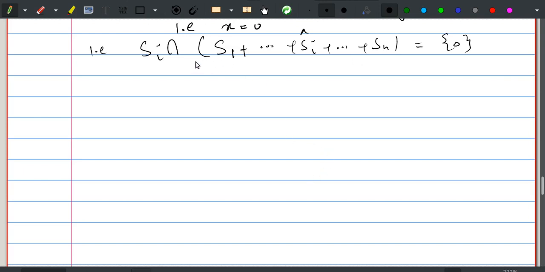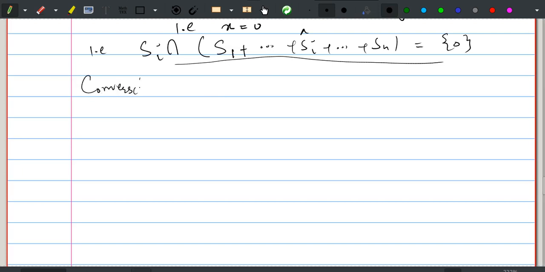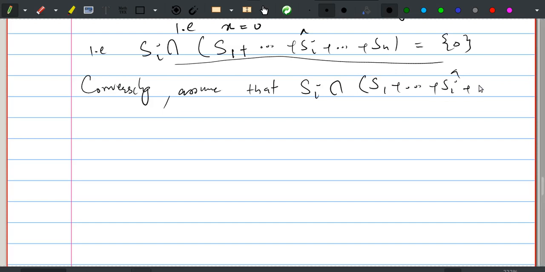Conversely, we will assume that this thing holds and prove that each element in G can be uniquely expressed as a sum of elements of Si's. Assume that Si intersection with the sum of the remaining Si's is a singleton.